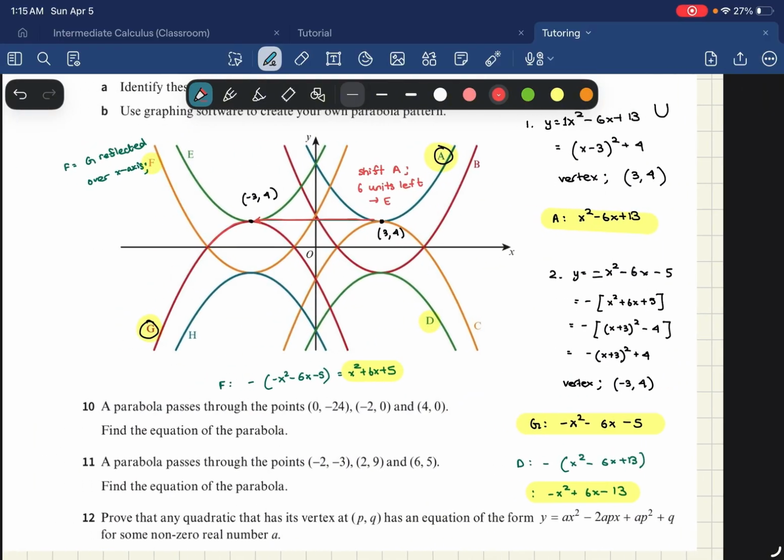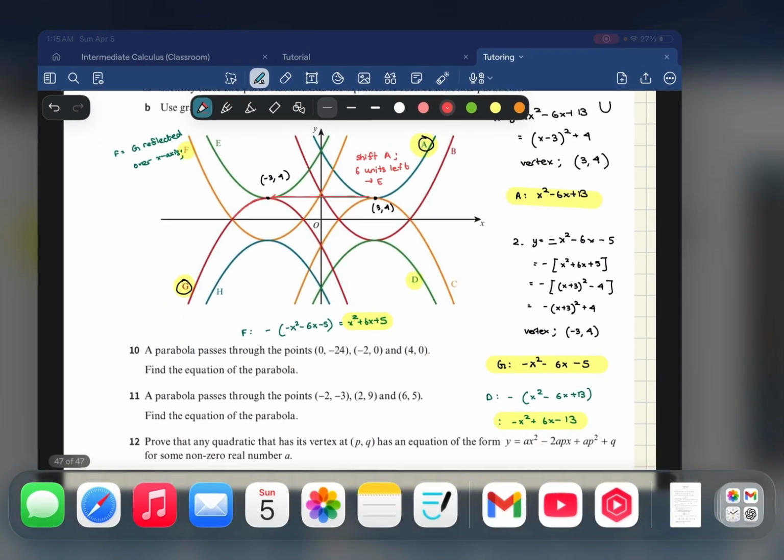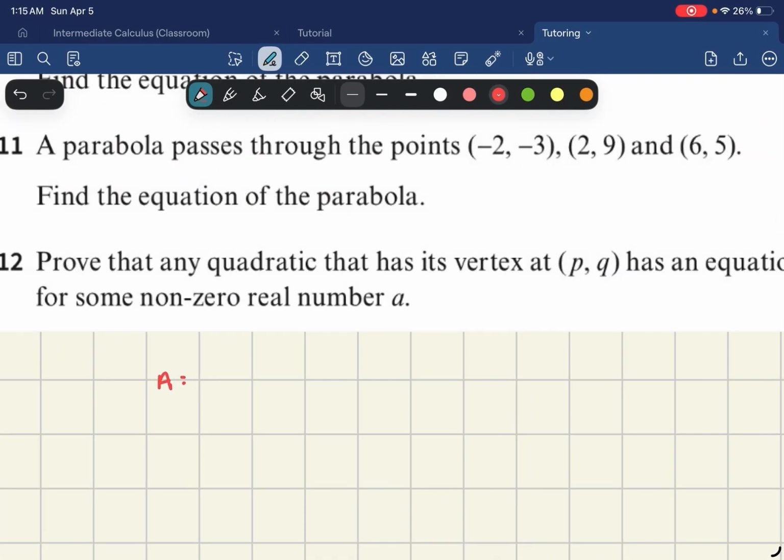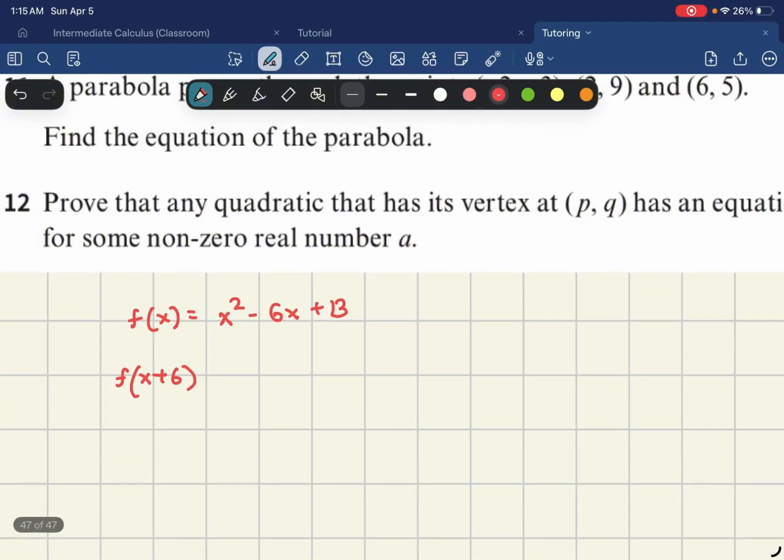All right, so I know the equation of A. A is just x squared minus 6x plus 13, right? And we discussed, let's just say this is f of x. If I want to shift this 6 units to the left, then I need to look at f of x plus 6. Remember, this is something that we have discussed. If I do x plus 6, then I'm shifting 6 units to the left.